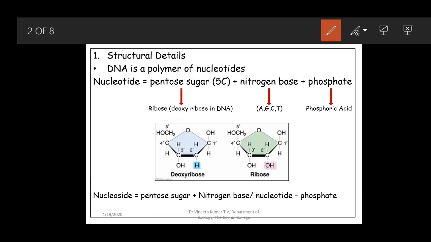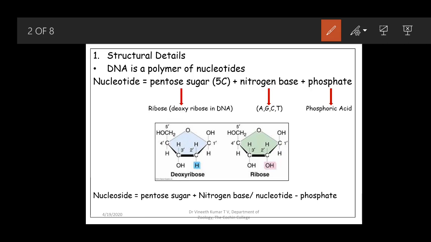Here, the pentose sugar is usually a ribose sugar, 5-carbon ribose, and in the case of DNA, it is deoxyribose, and normal ribose in the case of RNA. Four different nitrogen bases can be seen in DNA.